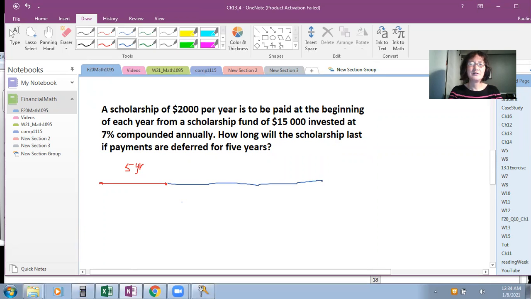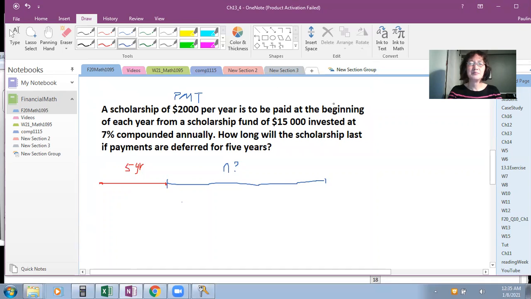So how long will the scholarship last? So what is term N here for this scholarship, from here to here? And we know PMT equal to 2,000 for the scholarship.